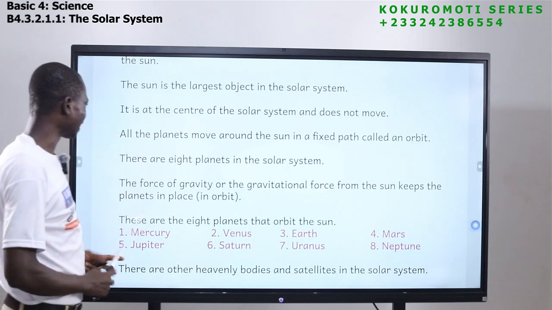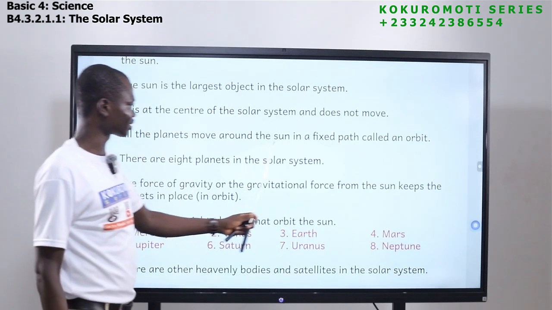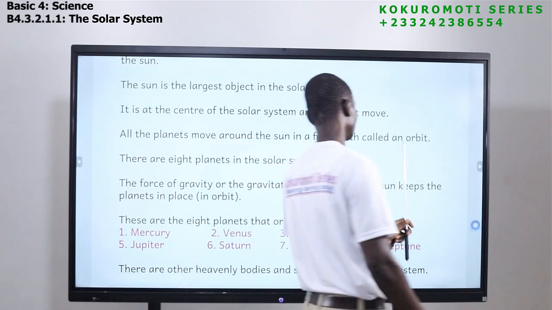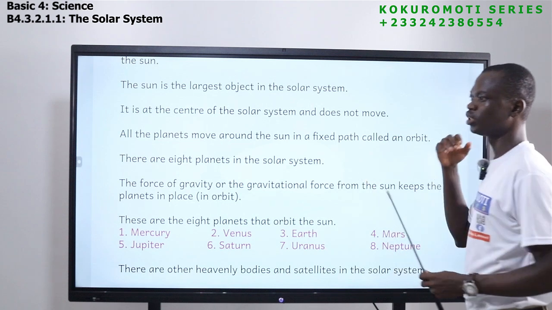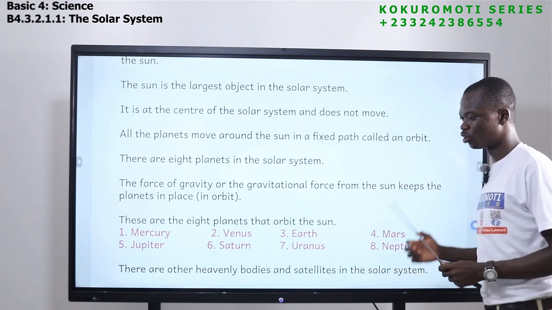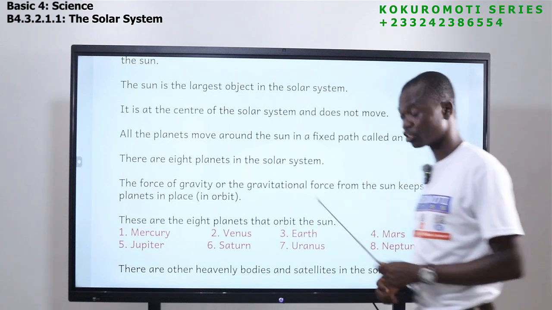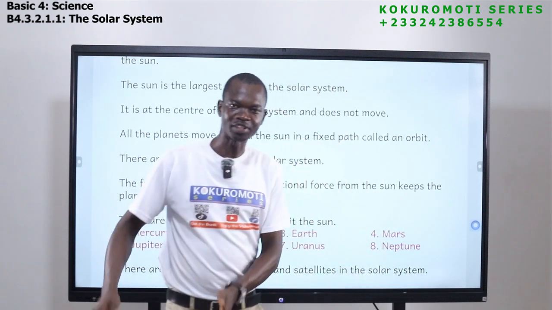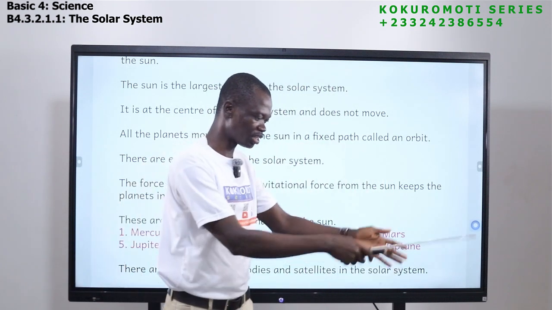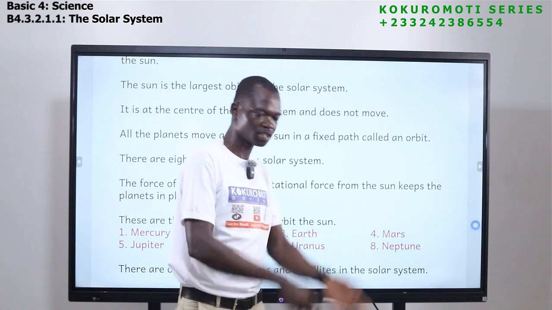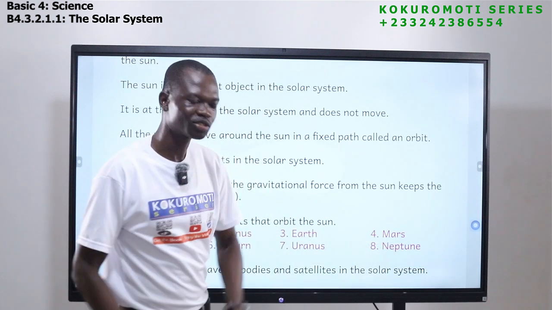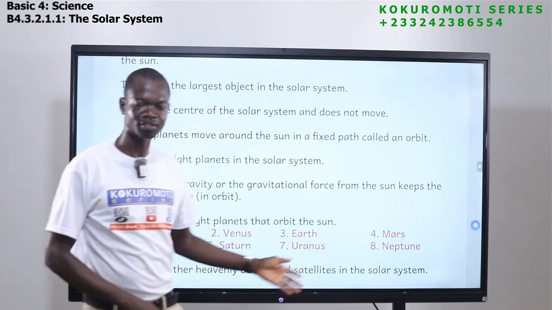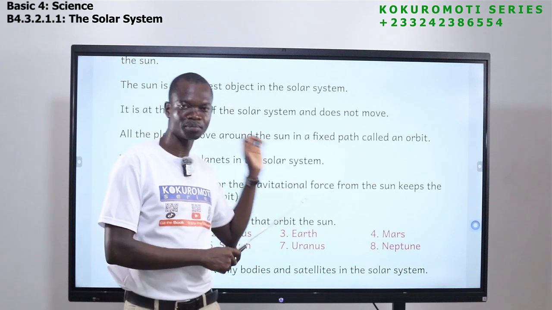What you should also know is that all the planets move around the sun in a fixed path called an orbit. If you hear about orbits, think of sports time when they are running, everybody will have his lane. So you have lane 1 or track 1, track 2, track 3, like that. The same thing applies for the planets.